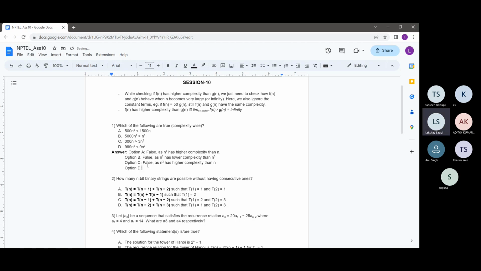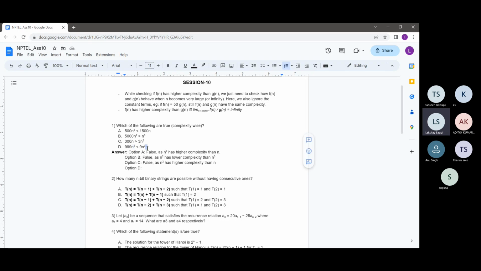So now comes option D. Option D says 999 times n square is less than 9n cube. So here this has the term of n square, this has the term of n cube. Since n cube grows faster than n square, you can see it using limits again: limit of n cube by n square is n, and when n tends to infinity, this goes to infinity. So in fact, the n cube term is larger than the n square term, and we can just ignore the constants.